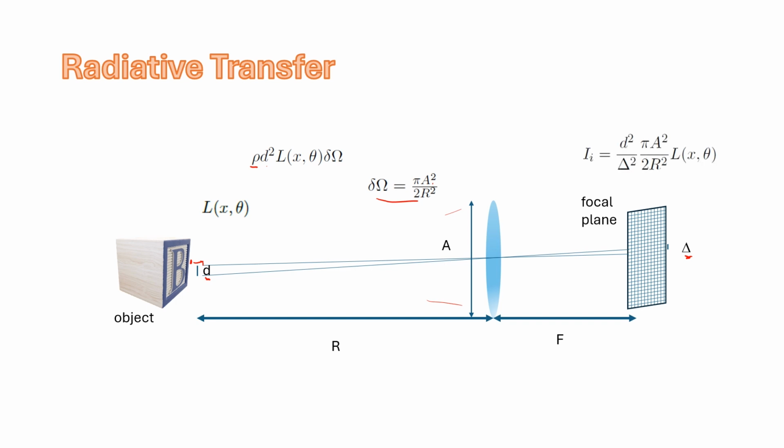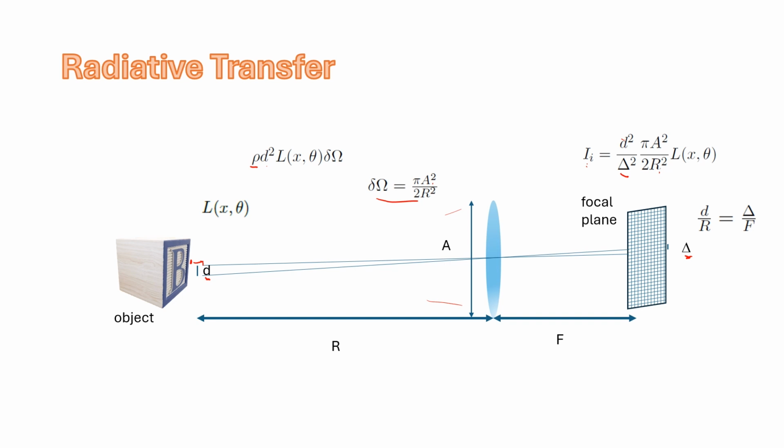Now if we want the energy density on the pixel, we would divide that by the pixel area delta squared. So this is the irradiance hitting the pixel, the energy per unit area on that pixel on the sensor. Now we know that d over r, the ground sample distance divided by the range, is equal to delta over f by simple imaging, ray tracing. So we can replace the d over r in this energy hitting the pixel by delta over f.